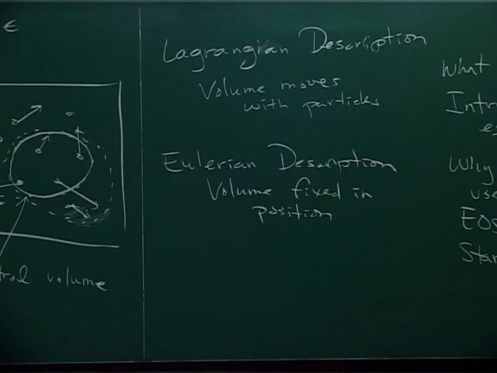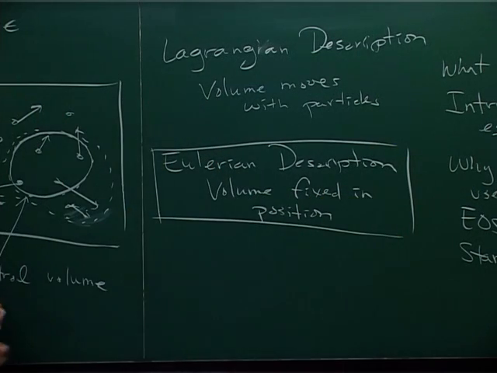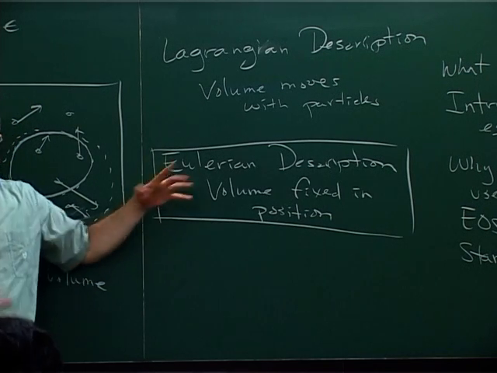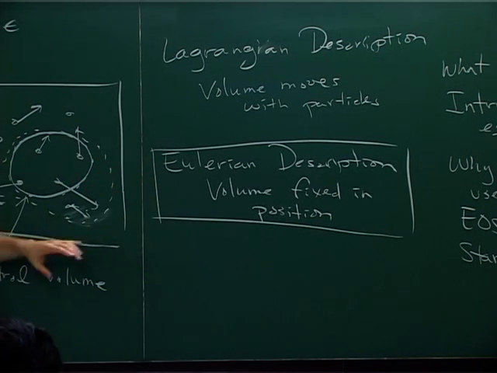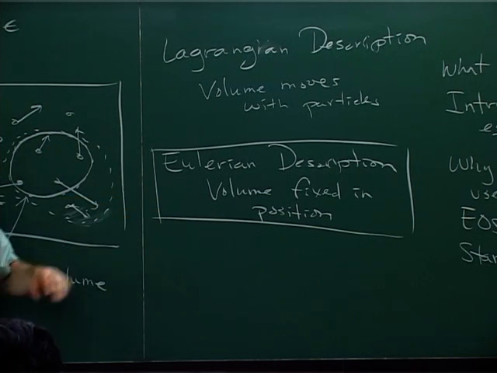And as the fluid particles move around, I maybe have to continually calculate the density, count again how many particles are in there. This is the description that we're going to use. This is the one that is often used. Both of them are very useful. Some things are easier to prove in the Lagrangian description. Some things are easier to use with Eulerian.